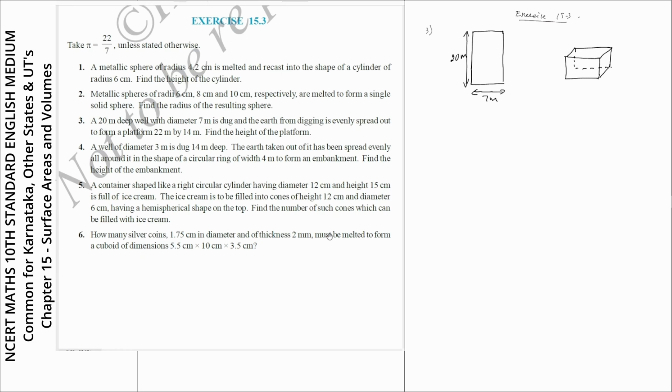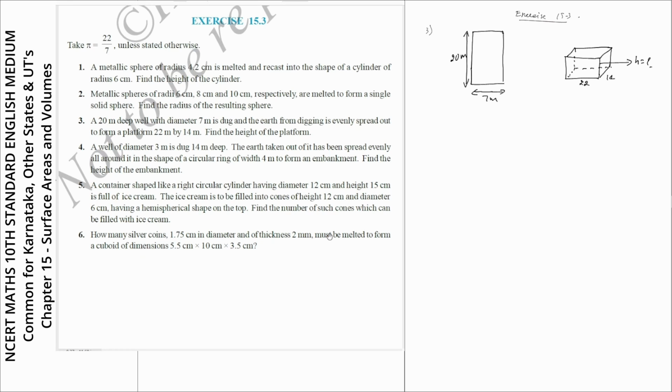All the mud is put here on this platform. Now the resulting platform has dimensions 22 by 14. This is 22, this is 14. I should find the height of the platform formed by putting all this mud here.